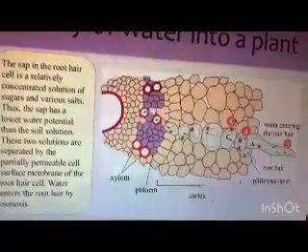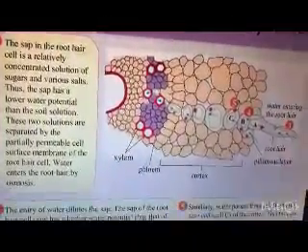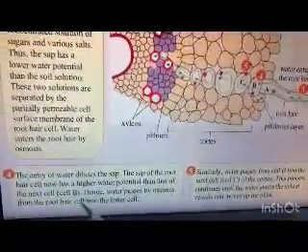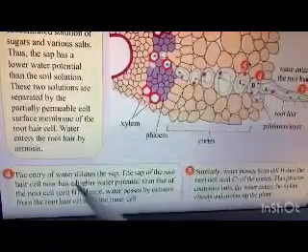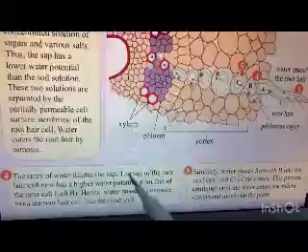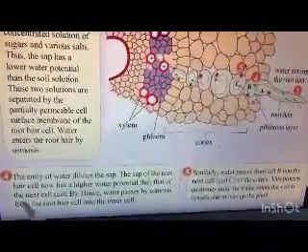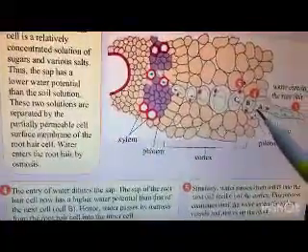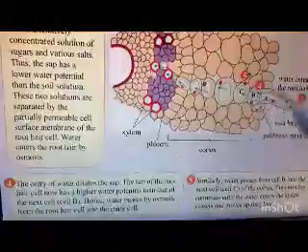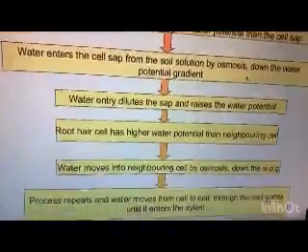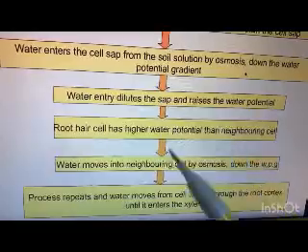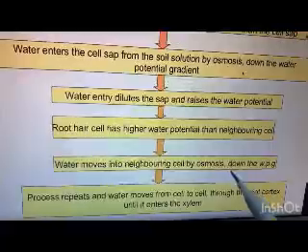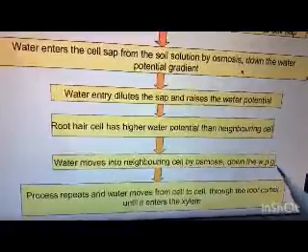As discussed in the previous slide, point number 4, entry of water dilutes the sap. When the water enters the sap, the sap of the root hair cell has now a higher water potential than that of its neighboring cell, which is cell B. So now water moves into the neighboring cell by a process called osmosis down the water potential gradient.